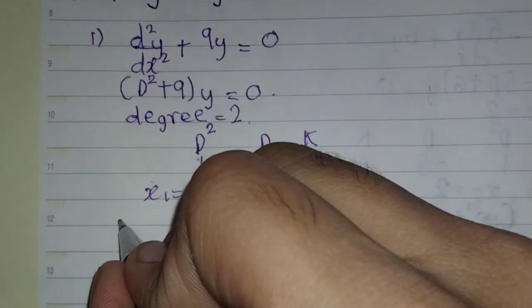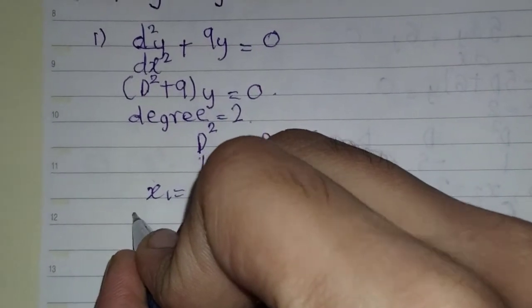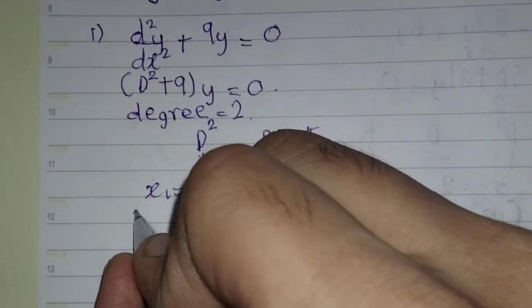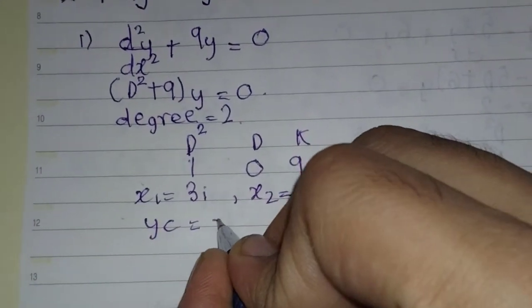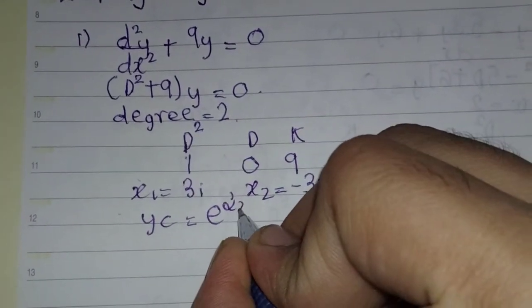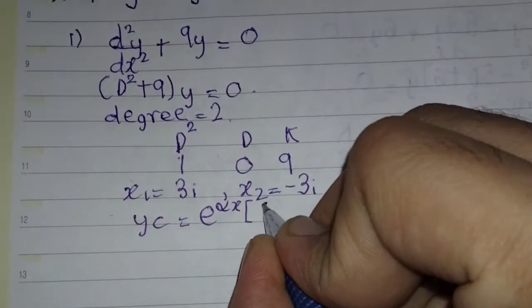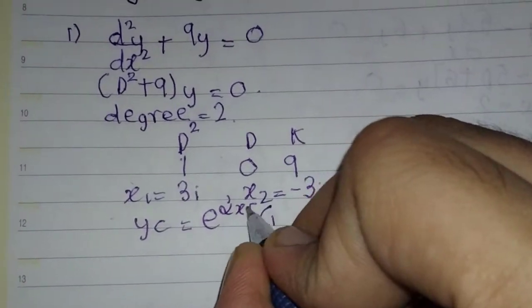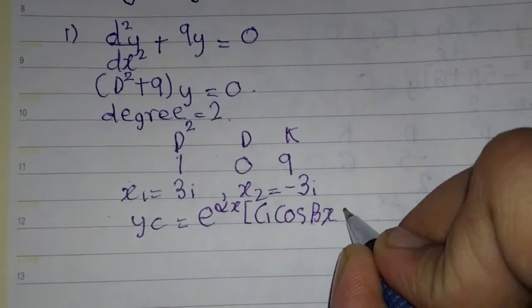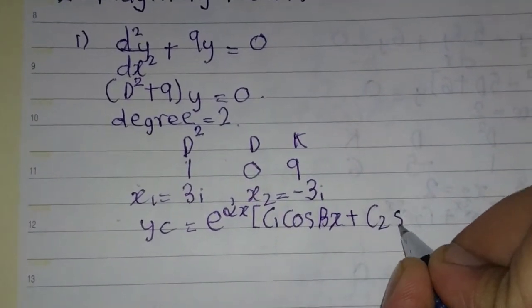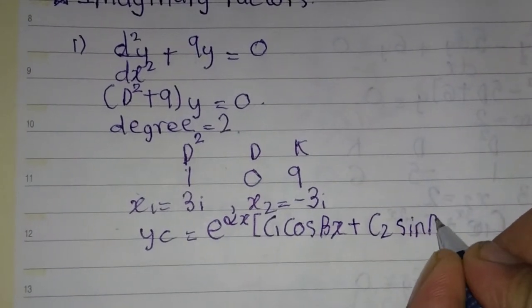Now we should know that the formula for the imaginary function is yc is equal to e raised to alpha x, c1 cos beta x plus c2 sin beta x.